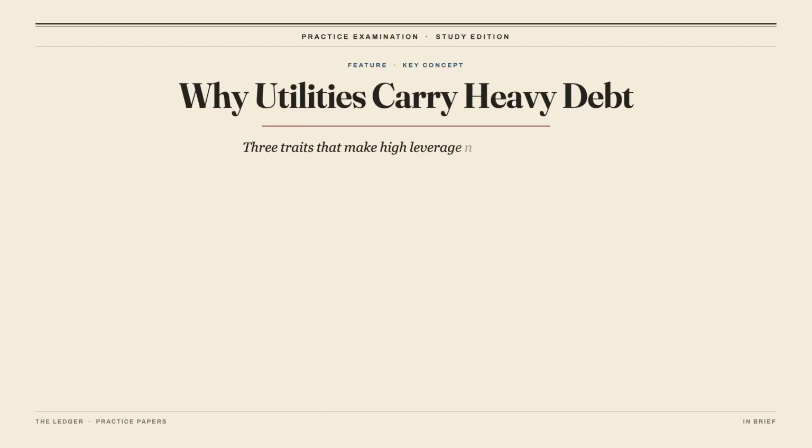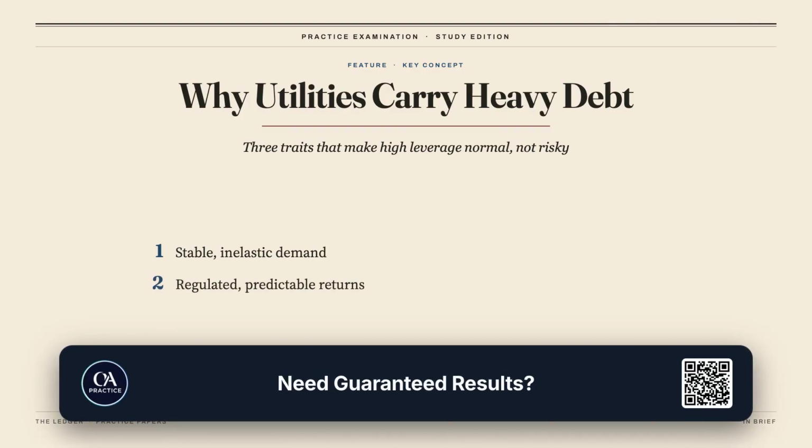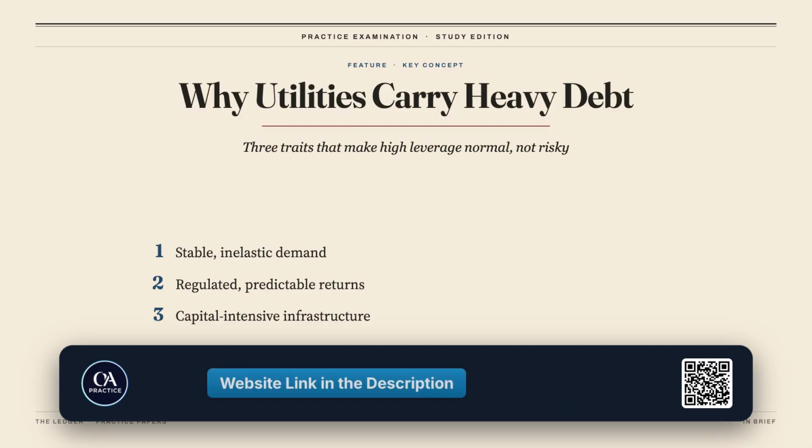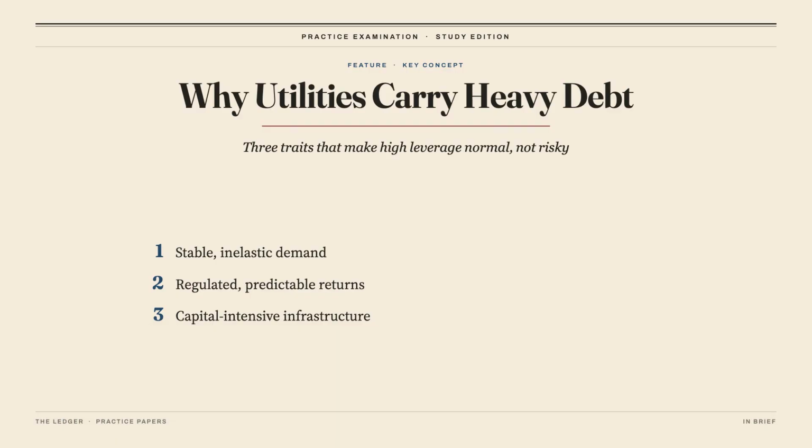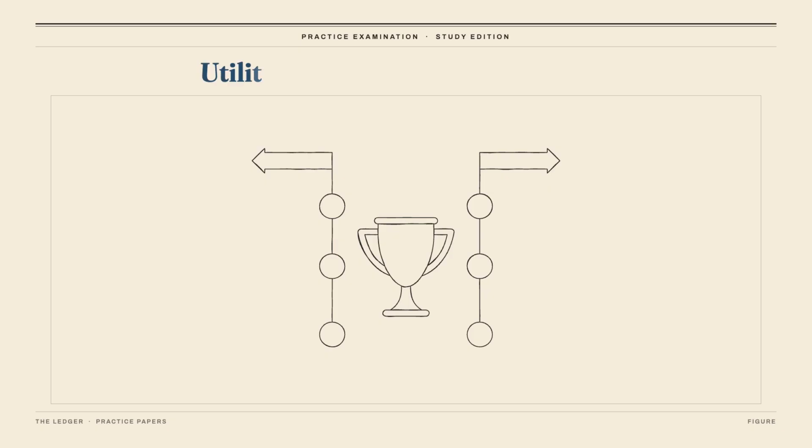A utility sells something people can't easily do without, so demand for power or water stays steady through booms and busts. Regulation adds a predictable return on top of that steadiness, and because building plants, wires, and pipes cost staggering sums, debt becomes the natural way to finance long-lived assets backed by reliable cash flow.